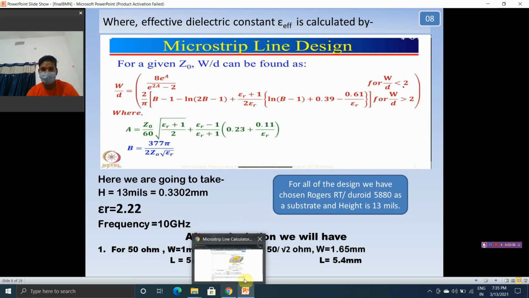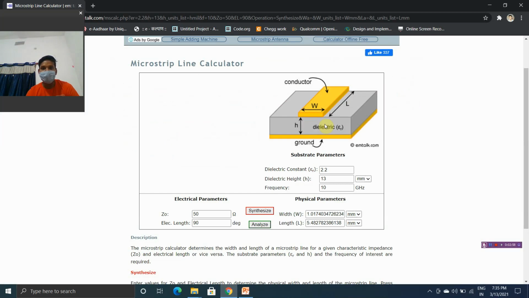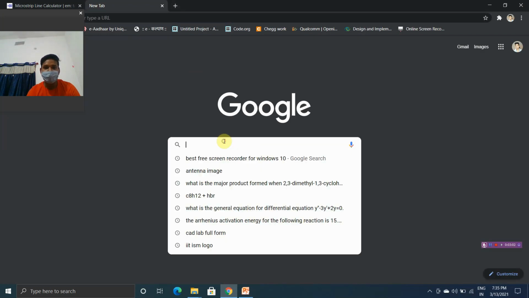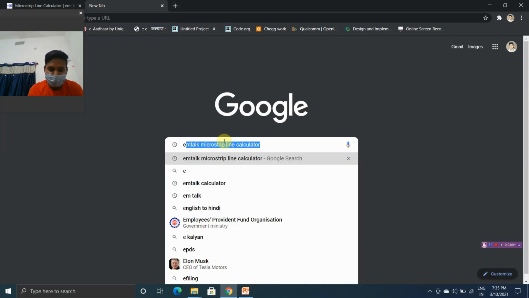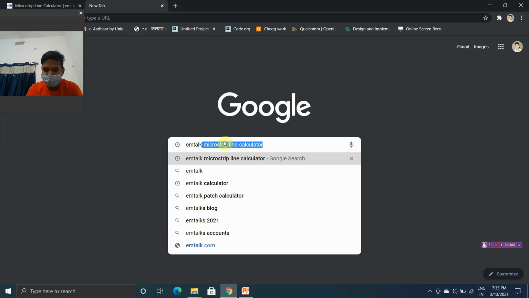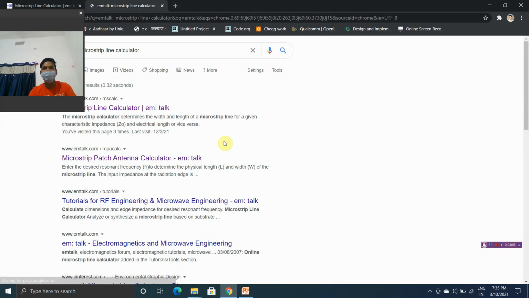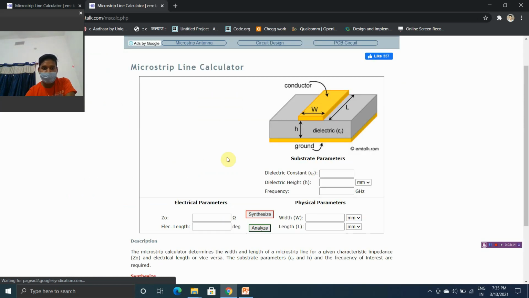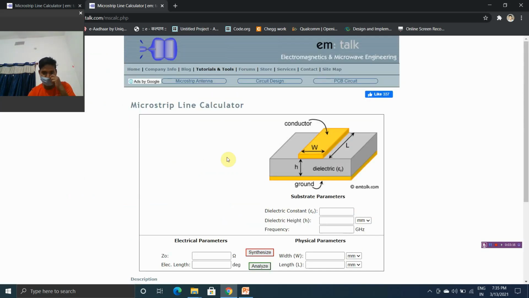Let me show you from scratch. Just go and type EMTalk microstrip line calculator and hit enter. Then you will have this website and this online calculator.